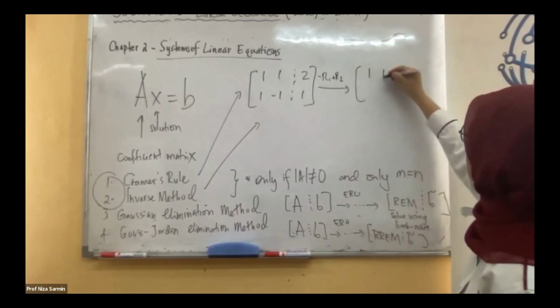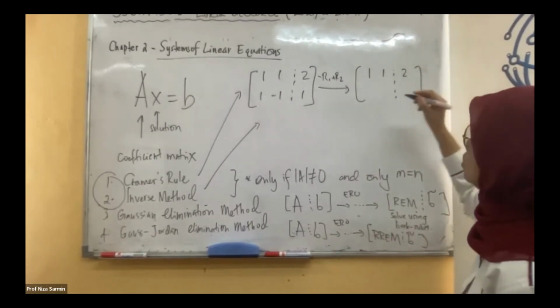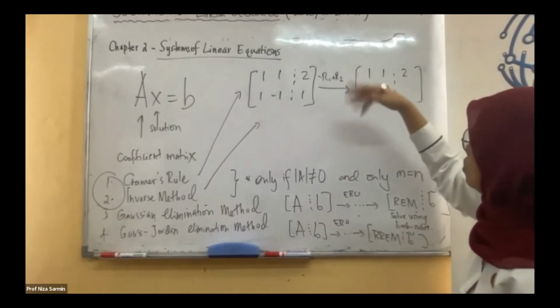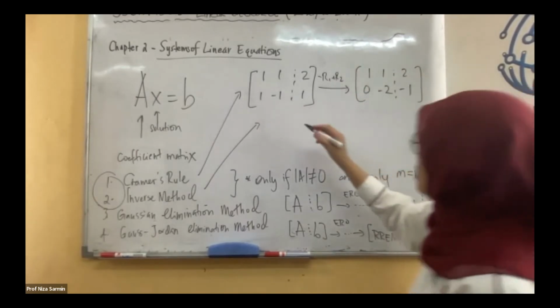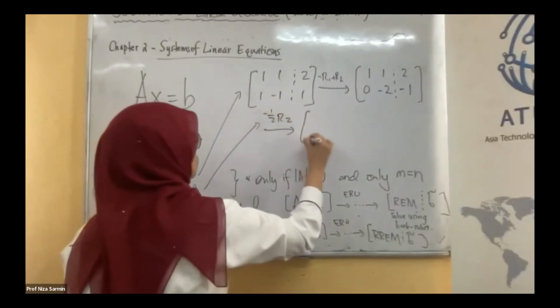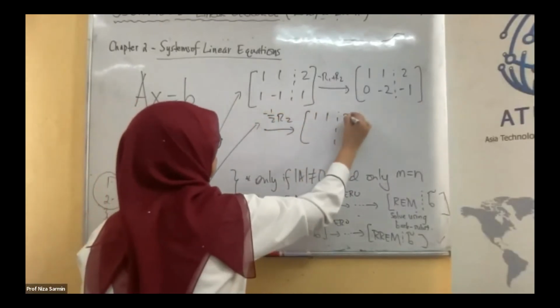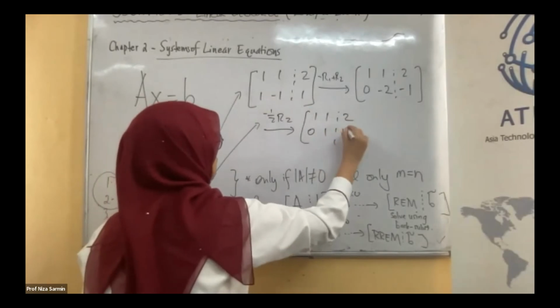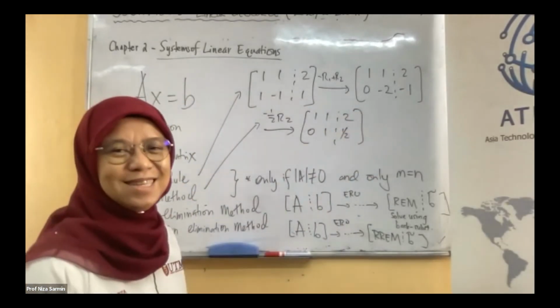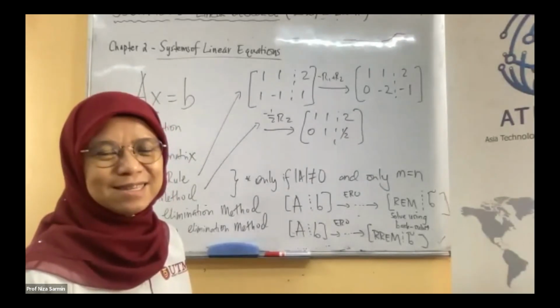So get 1, 1, 2, 0, negative 2, negative 1. One more, negative 1 over 2, row 2. 1, 1, 2, 0, 1, a half. This is row echelon matrix.